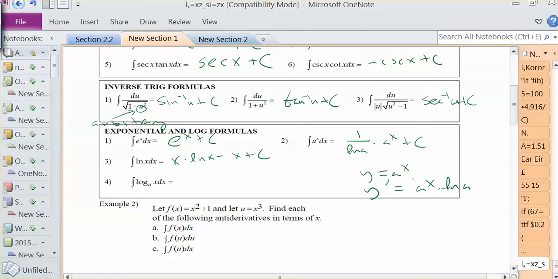And then this one here, it's a little tricky. But it's going to be 1 over natural log of a, times x times natural log of x minus x plus c. The reason why that works the way it does is that we can rewrite the log in this manner.